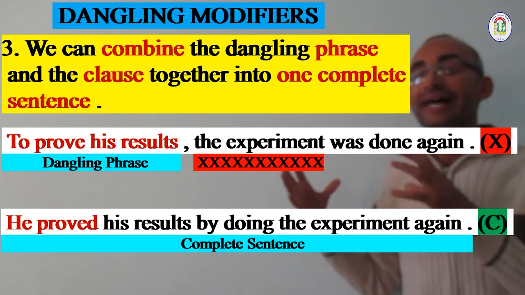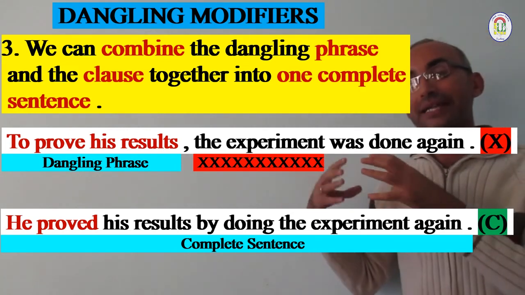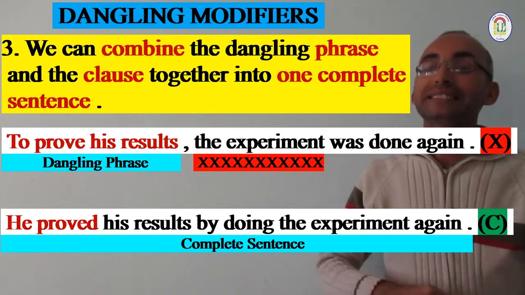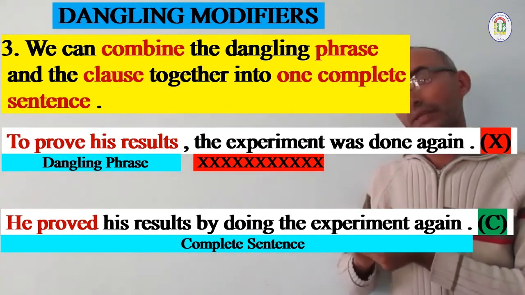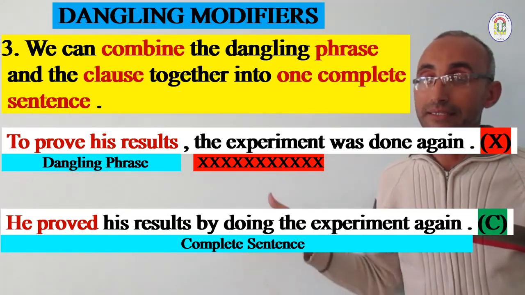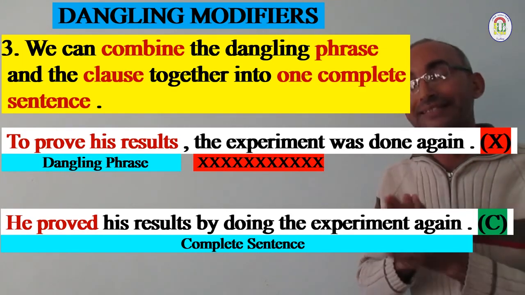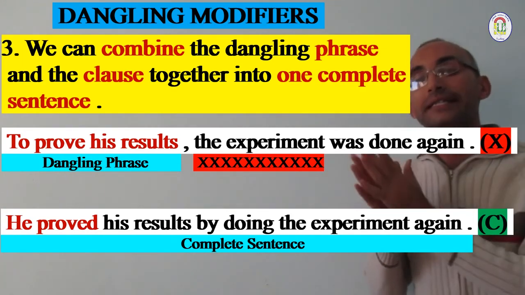So here, as you see, I have joined the two parts, the phrase and the clause, rendering them one complete sentence. But as you see, in all these three ways, we should always provide a clear subject at the right position.